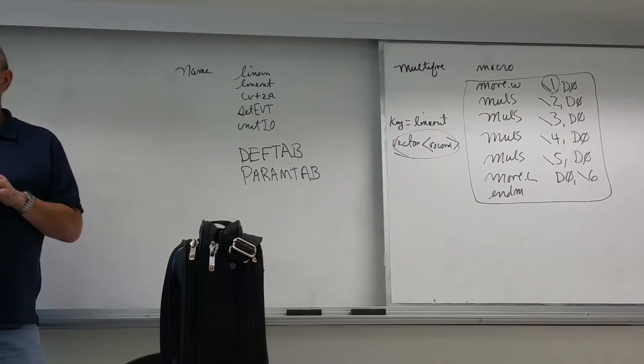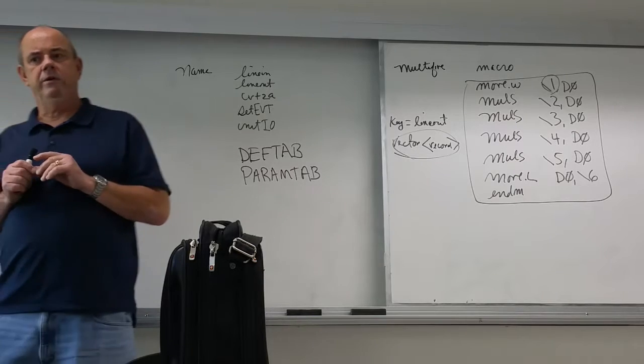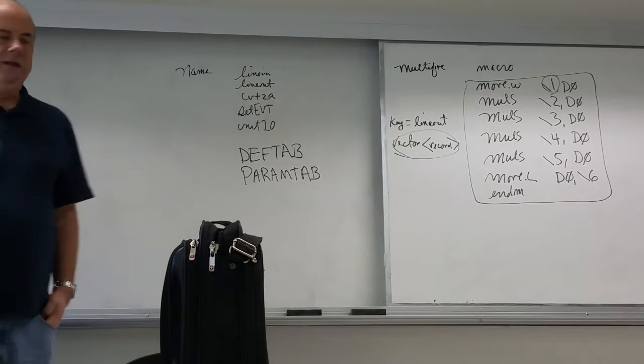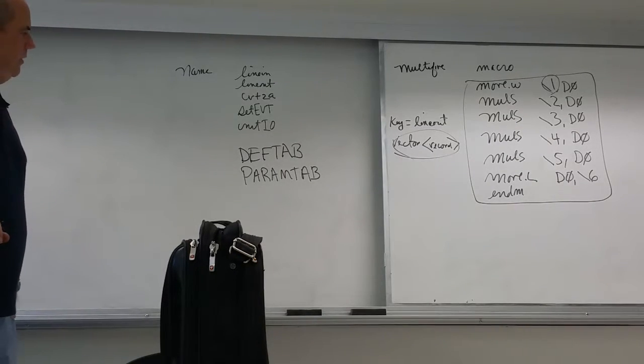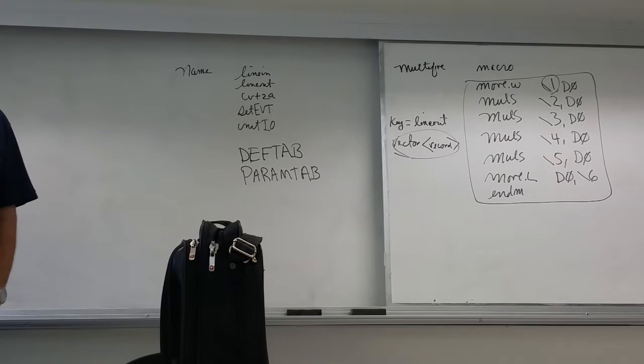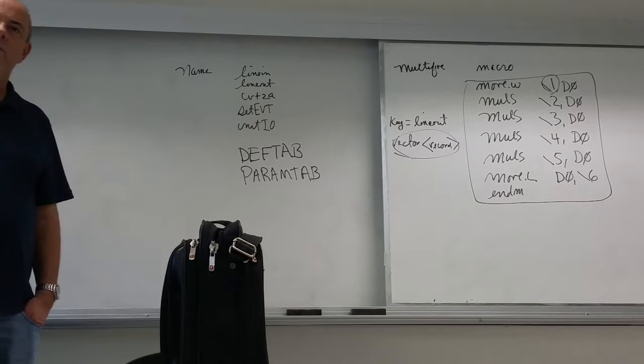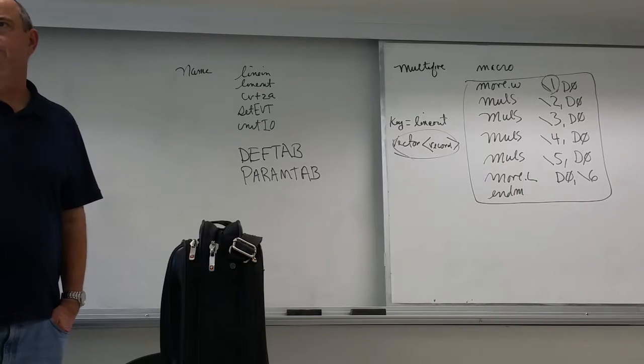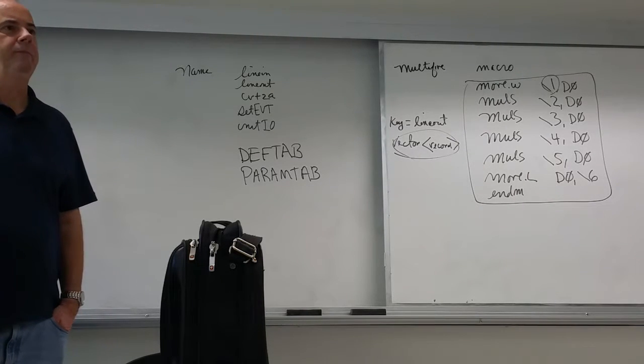Well, it helps that these go in order, right? They're in order. You don't ever have to do anything different that way. Therefore, the key could be the name of the macro, and the values could be a vector of the parameters. Could it be? Think about it. This is not the only approach.